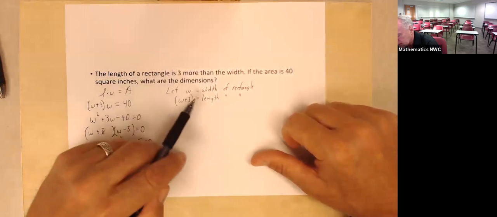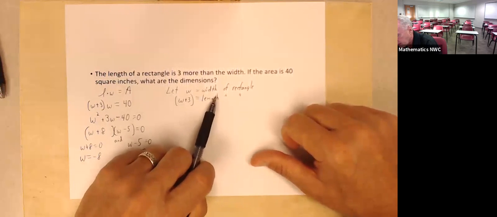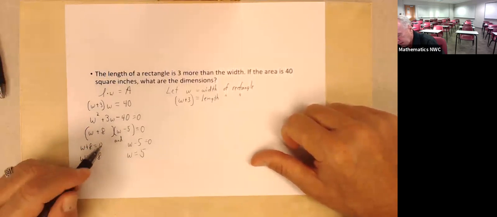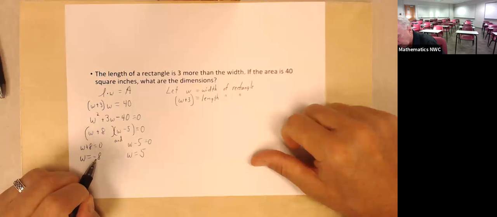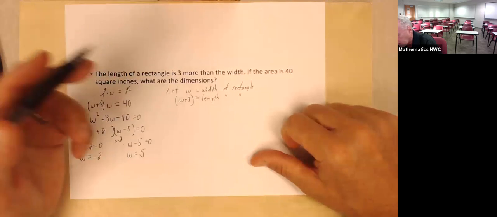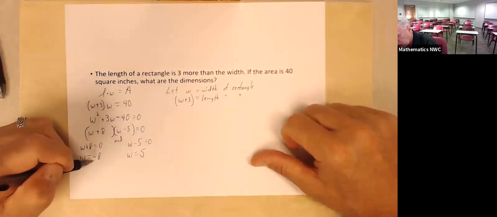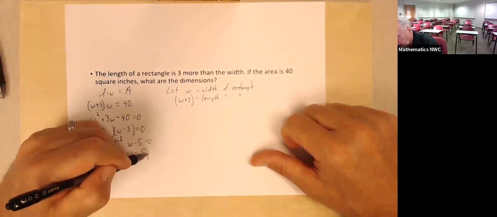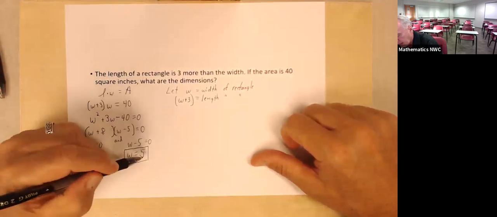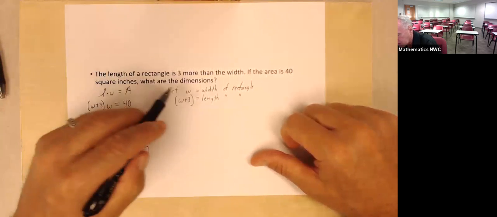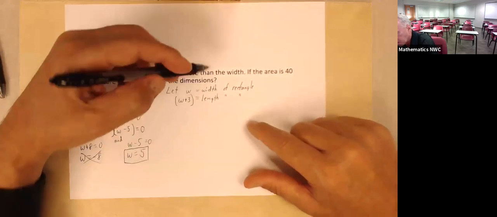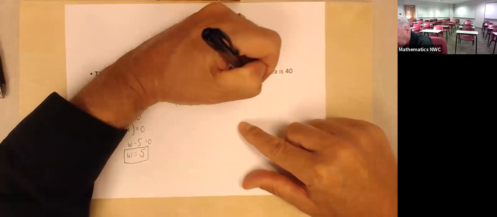Well, because these are dimensions, a width and a length, I really can't have a negative number for a width or a length. So this is an extraneous root, and it doesn't apply to my word problem. The positive integer 5 is my width, so my W is 5.